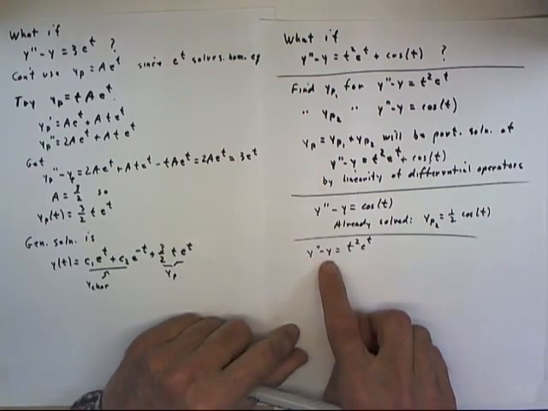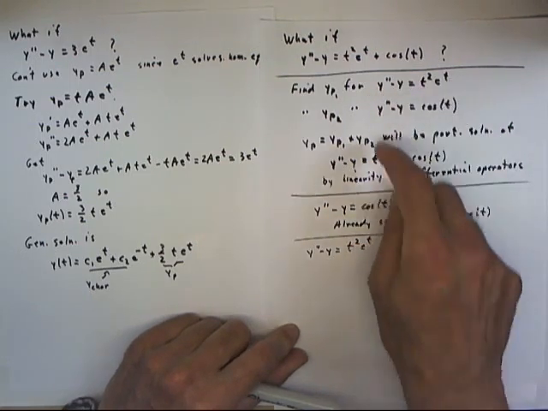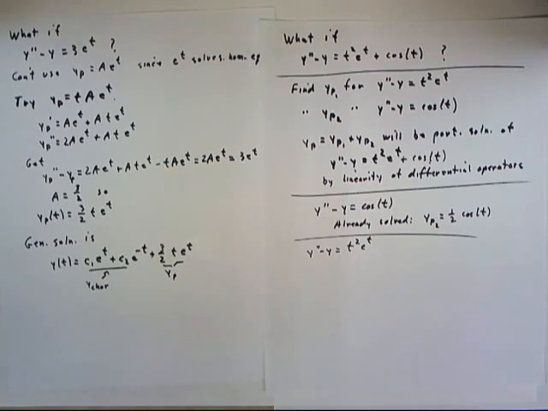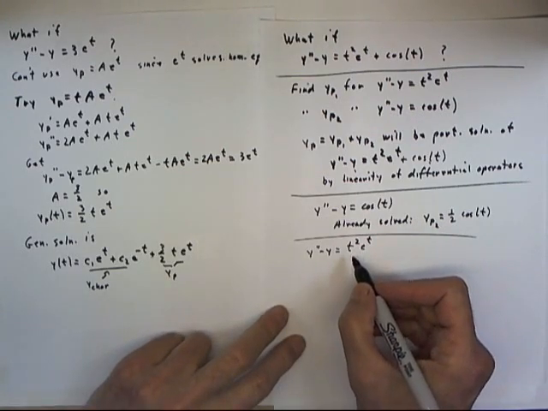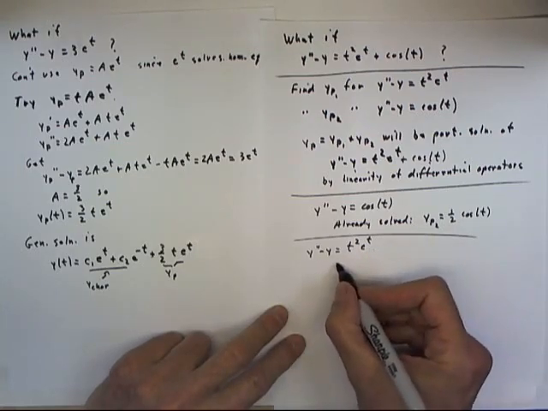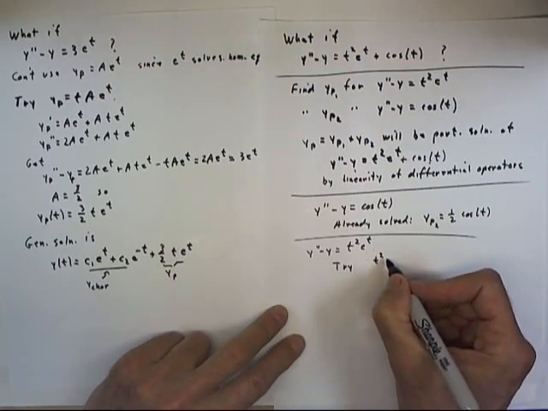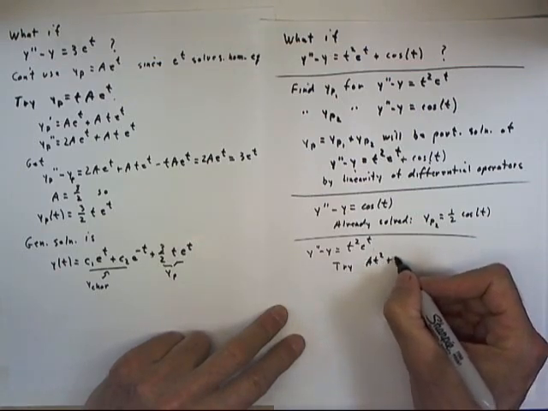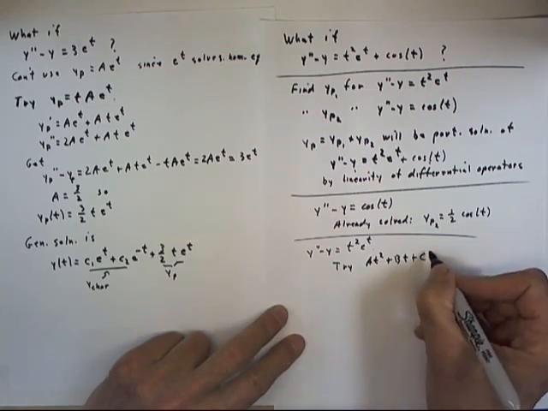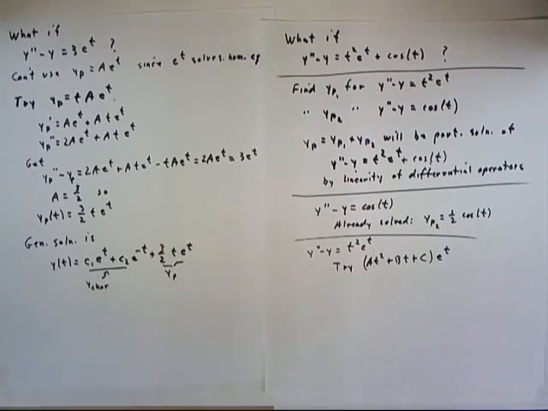For the equation y double prime minus y equals t squared e to the t, this equation, corresponding to this part of our non-homogeneous expression, would be expected to have a solution something like at squared plus bt plus c times e to the t.